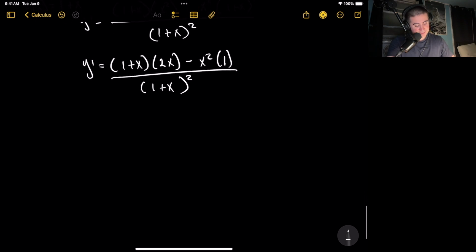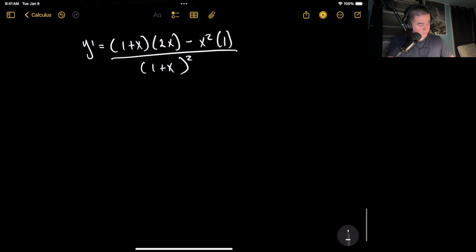Okay. Oh, that's a lot. We've done a lot of problems so far today, and I'm getting a little tired, but we're going to continue here. Y prime is equal to, we'll distribute the 2x, so we're going to have 2x squared plus 2x minus x squared over 1 plus x, squared.